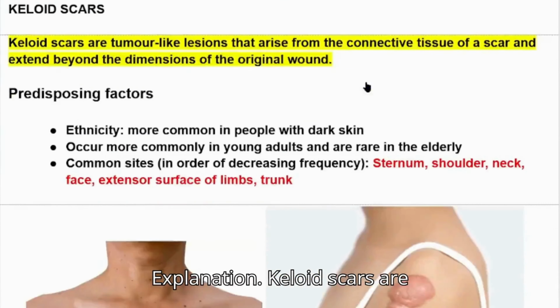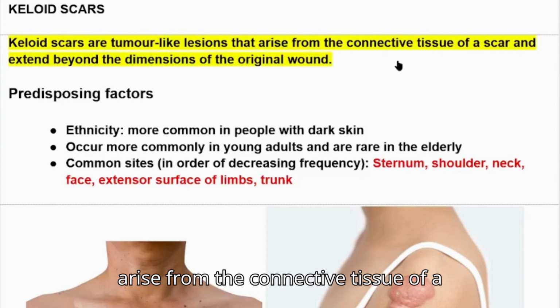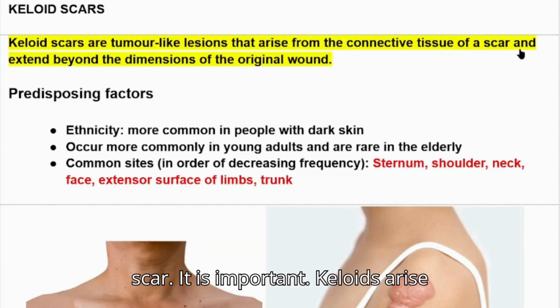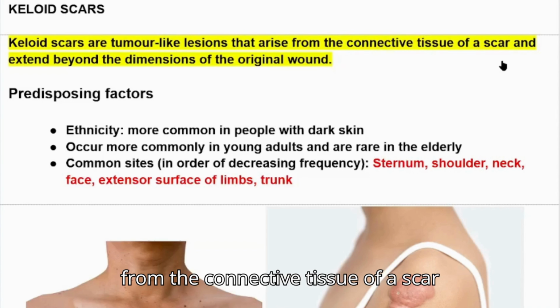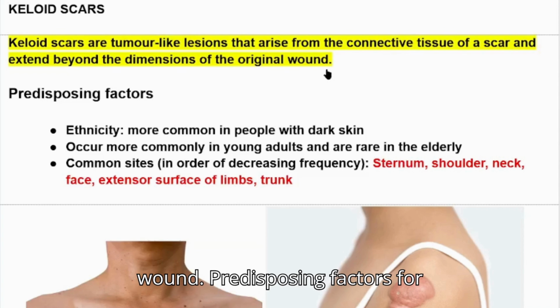Keloid scars, explanation. Keloid scars are tumor-like lesions that arise from the connective tissue of a scar. It's important: keloids rise from the connective tissue of a scar and extend beyond the dimensions of the original wound.